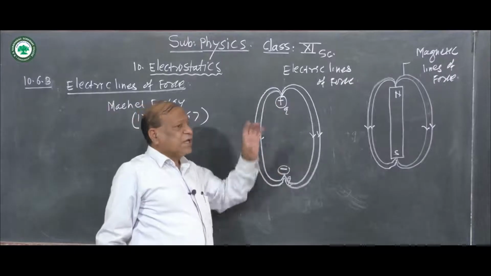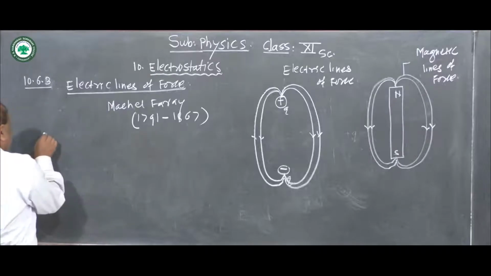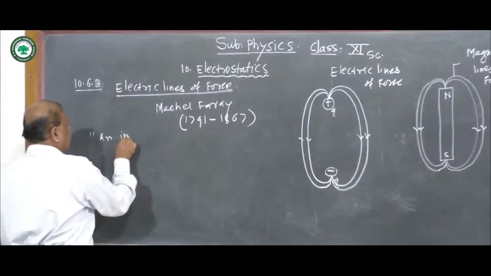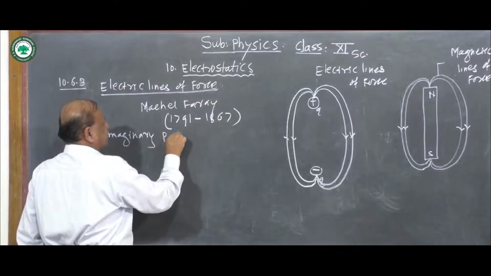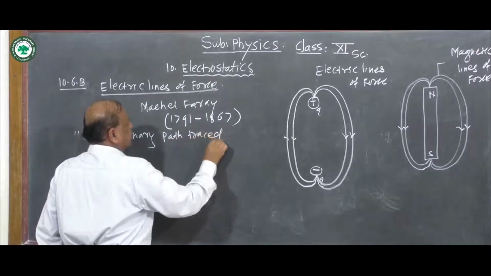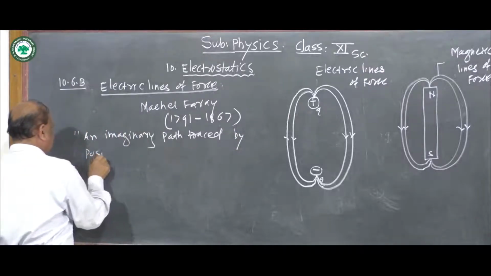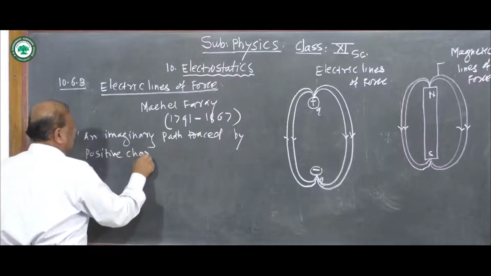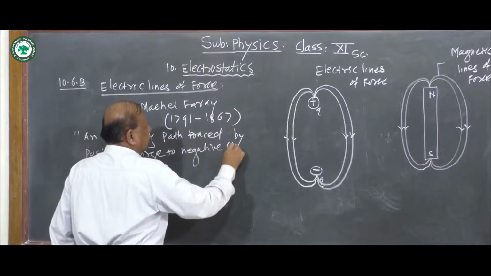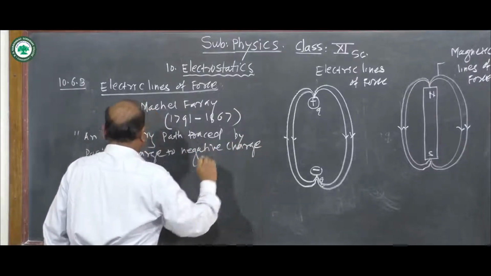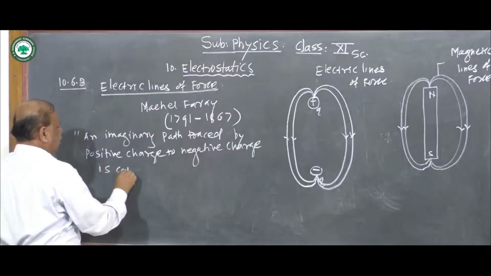Now here, electric lines of force are the imaginary path traced by a positive charge object to a negative charge object.